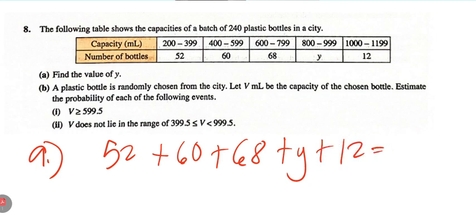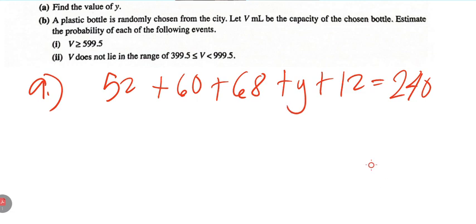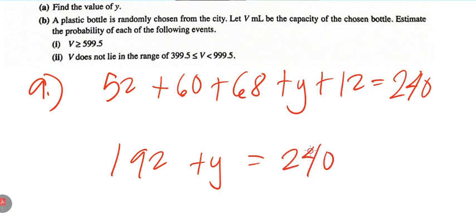Now, the question states that there are about 250 bottles, but we're going to write it as 240 bottles. Since we're using 240 as the total, we add all the numbers, which leaves us with 192 plus y equals 240.